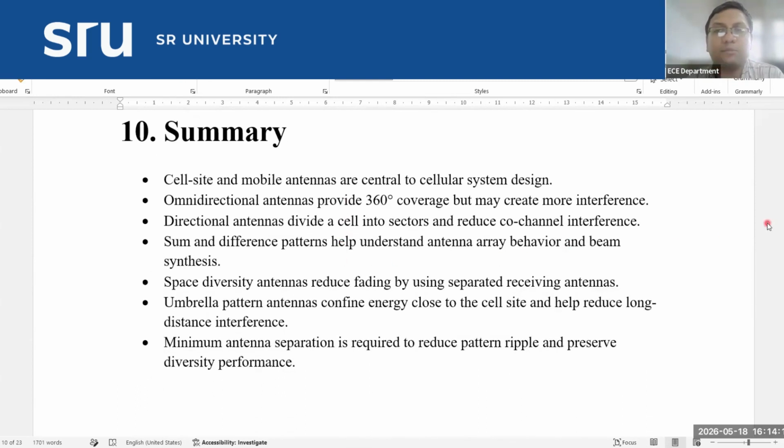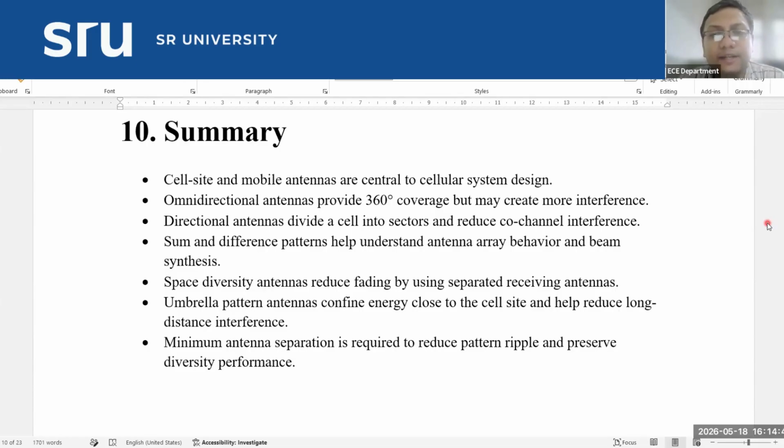So let us make a quick summary of today's session. First, cell site and mobile antennas are central to cellular system design. Omnidirectional antennas provide 360-degree coverage, but they may create more interference.